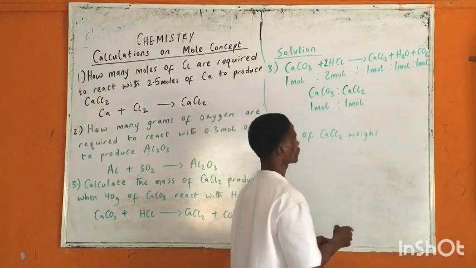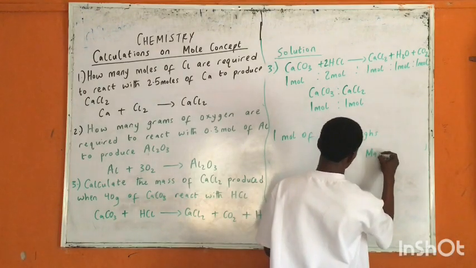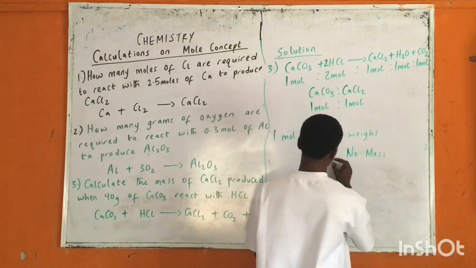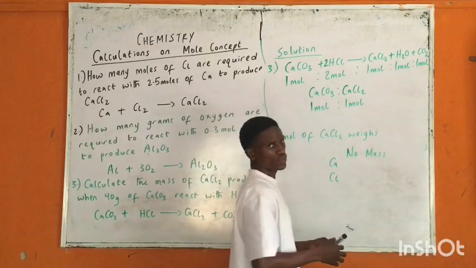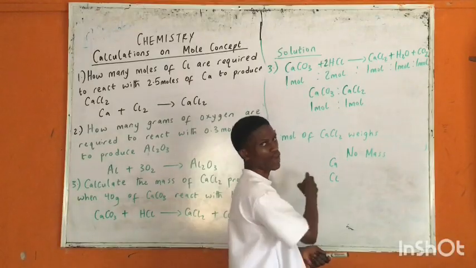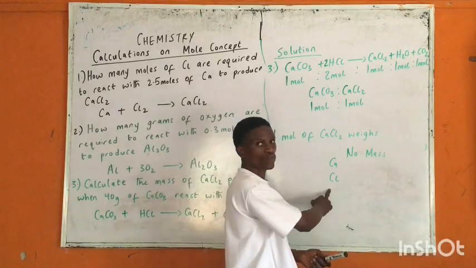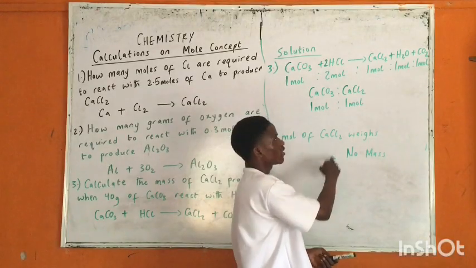Now let's solve it. In calcium chloride, we have two elements, which are calcium and chlorine. How many calcium do we have?